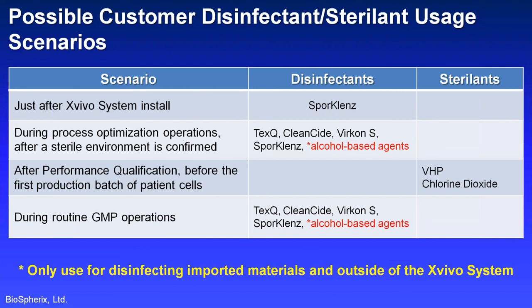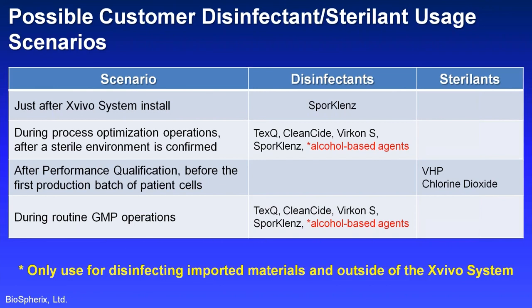Alcohol-based disinfectants can be used for disinfecting imported materials in the laminar flow hood or clean outside of Xvivo systems. We would recommend more frequent routine environment monitoring at first, and then less frequent as evidence is accumulated of the consistent expected conditions. Again, in an evidence-based manner.